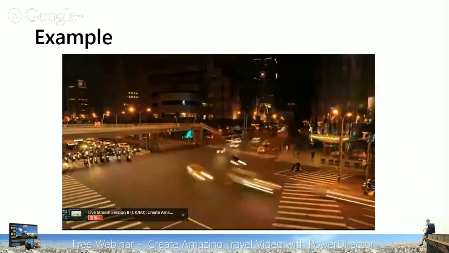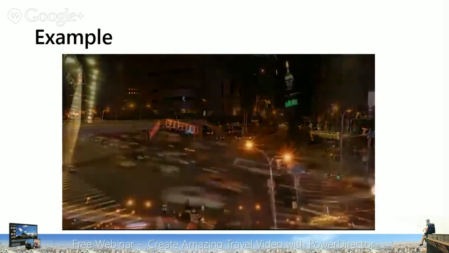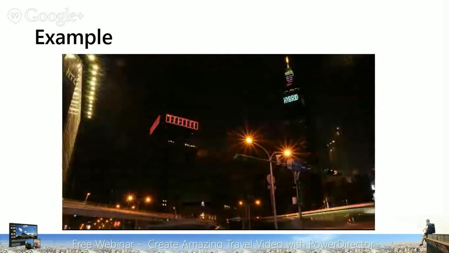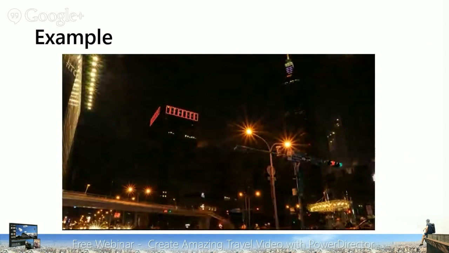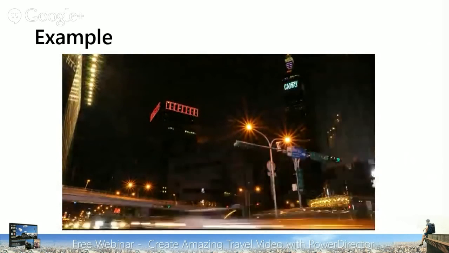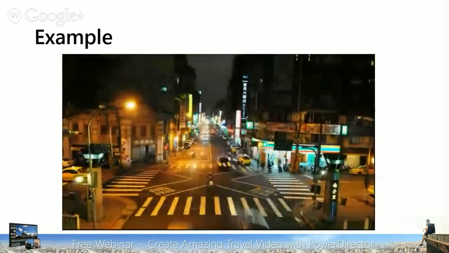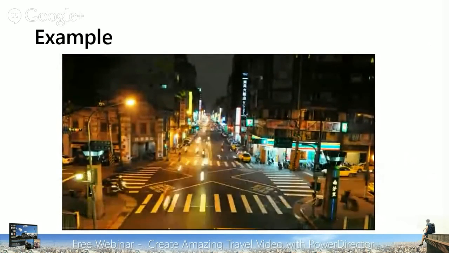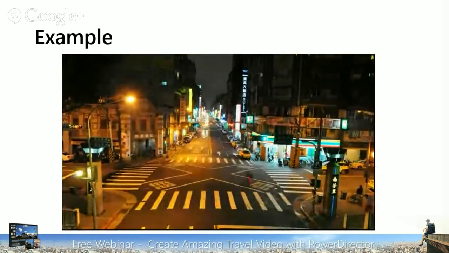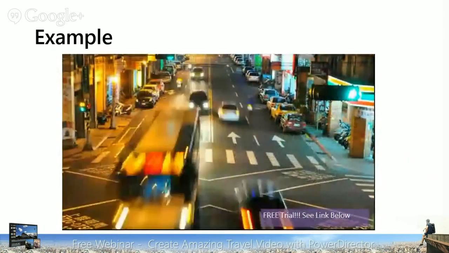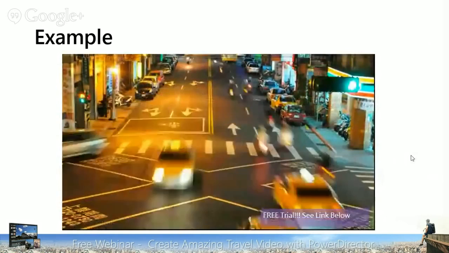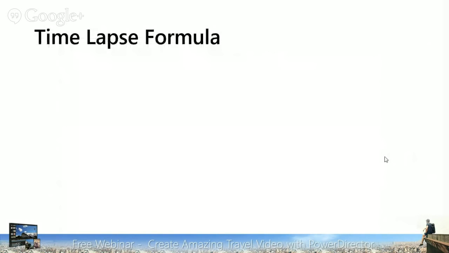You can see the traffic on the street is moving very fast, like some Lego toys moving super fast on the street. In a lot of my travels, I really like to use time-lapse as a travel record, because it helps you condense a super long video and watch it in a shorter time. So I'll show you how to make time-lapse.